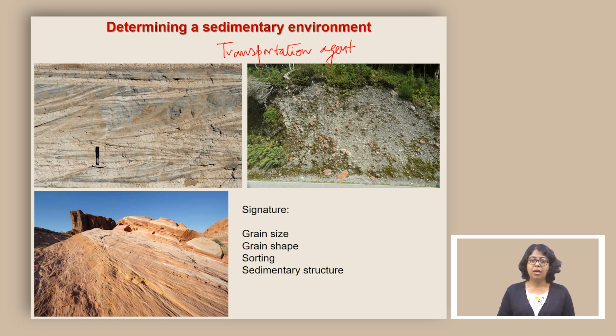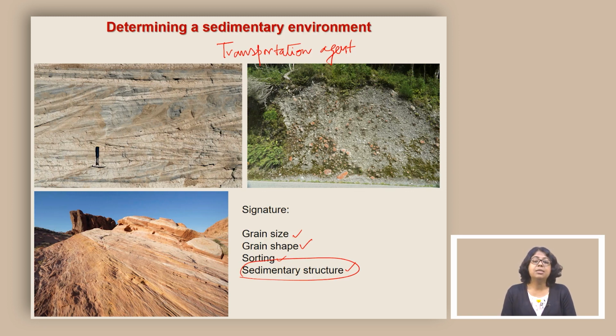transportation agents. So, when we are trying to figure out which transportation agent is responsible for developing a rock, we should concentrate on grain size, grain shape, sorting and sedimentary structure. I will come back to this part slightly later, but let us first concentrate on these.